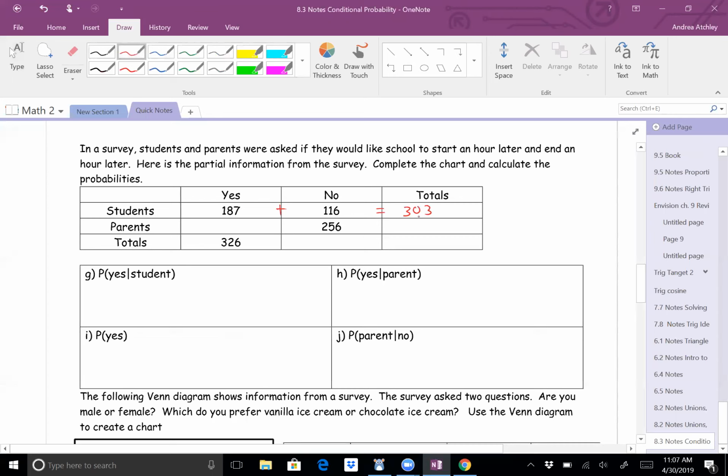And then this plus this will equal this bottom number. Then I can add these. This plus this will equal this.